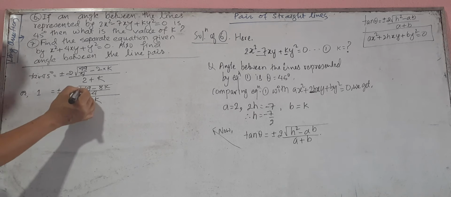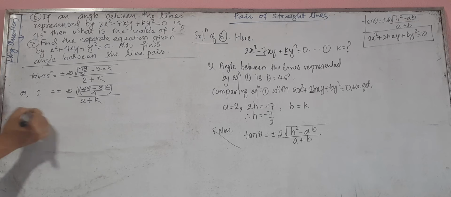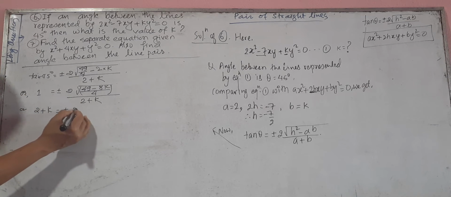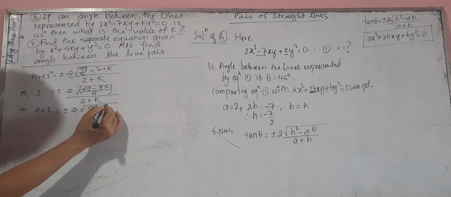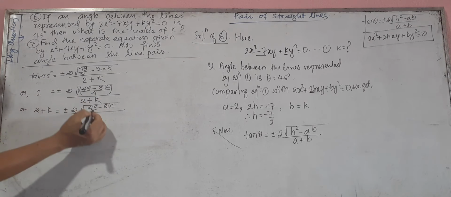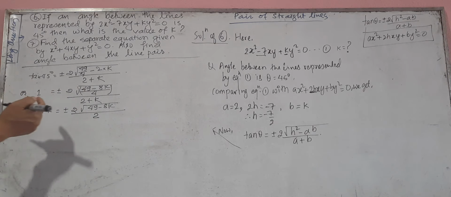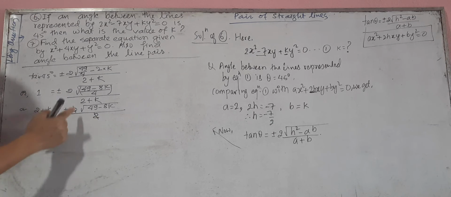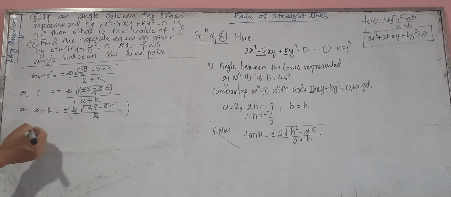This whole quantity is within the root. By cross multiplication, we get 2 plus k equals plus minus 2 root over 49 minus 8k divided by root over 4, which is 2. The 2 is a common factor in numerator and denominator, so we can cancel it.